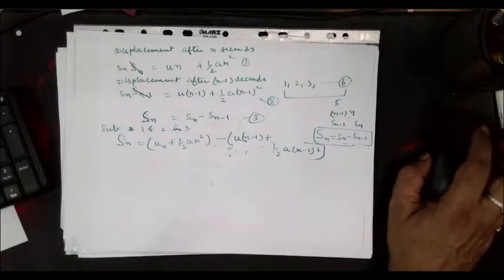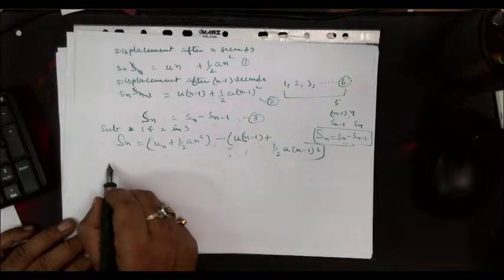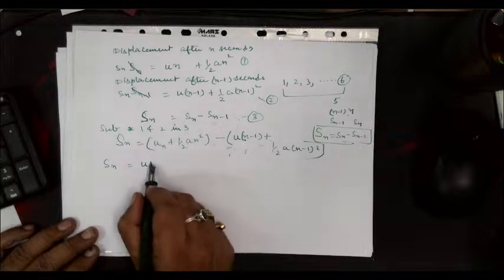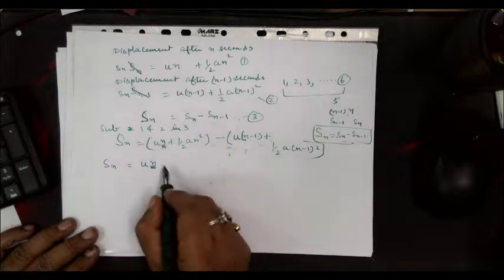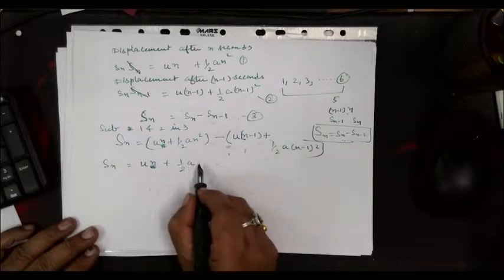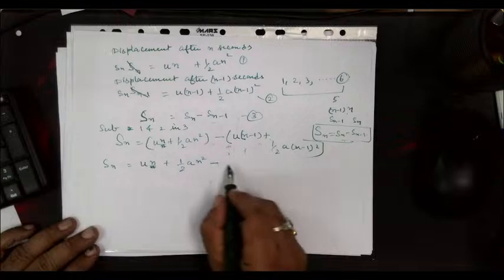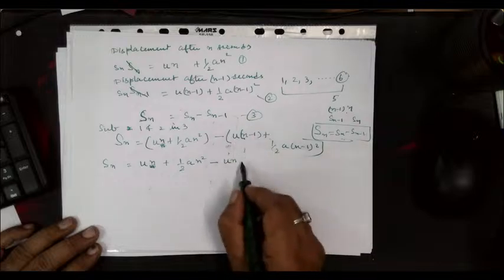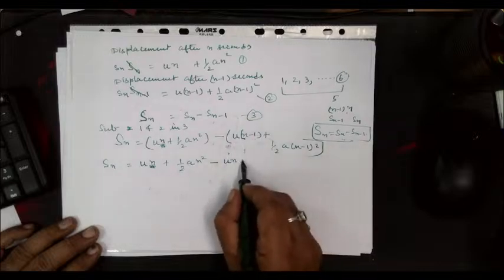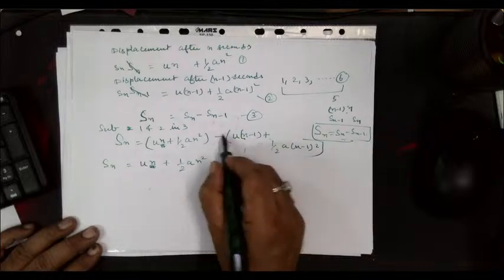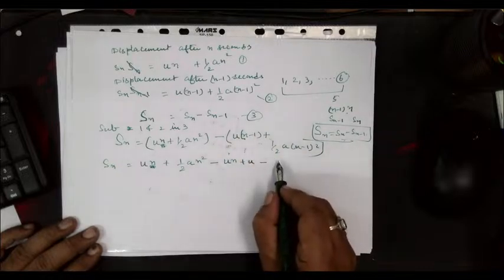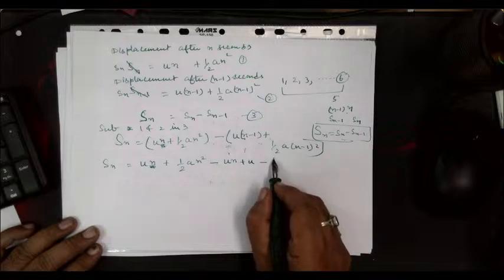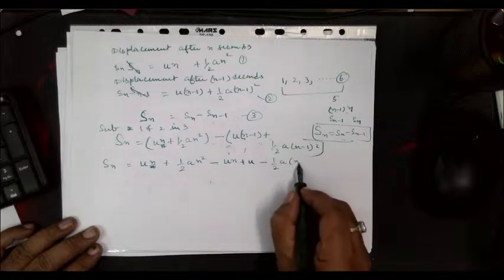Now let us further proceed. Let us expand it. sn is equal to u into n plus half a n squared minus u into (n minus 1), so minus into minus gives plus u. Do you understand this? Minus into plus minus. So let us further expand it. Minus half a into (n minus 1) whole square.